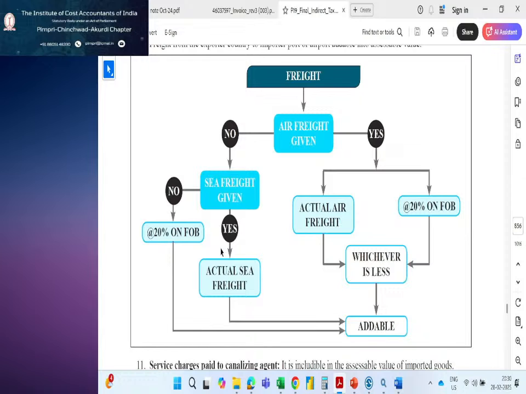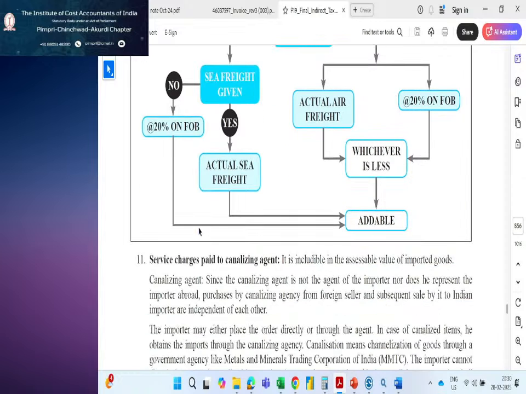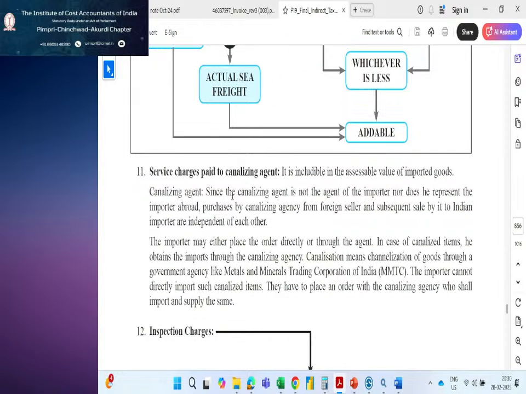If the sea freight amount is not given in the problem, you need to calculate manually 20% on FOB. So in the problem, if freight is not given, it doesn't mean you should not consider it. If the freight is not given, then you have to consider manually 20% on FOB.